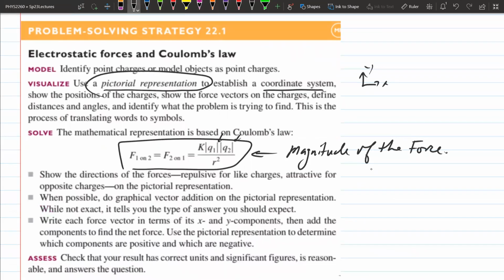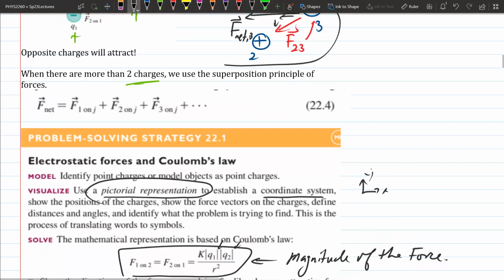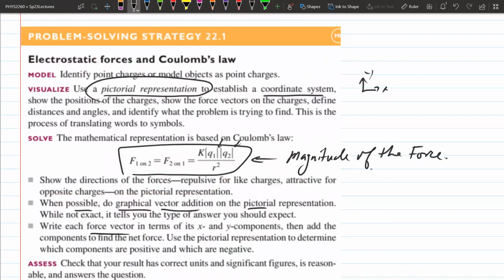Let's see what else they wrote here. When possible, use a graphical vector addition in the drawing. So it keeps saying, just draw these as vectors, and with each force vector, break it up into X and Y components and then add the components.